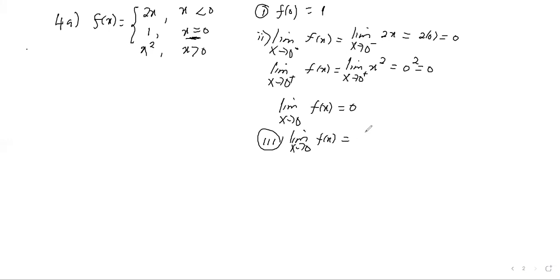Is it the same thing as f of 0? The answer is no. Because the other one is 1, and then the other one is 0. So if the two are not equal, then we say f is not continuous at x is equal to 0. And that's how we check.